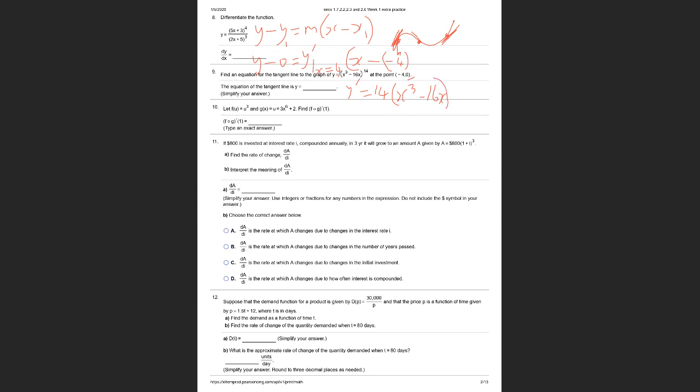And then 14 minus 1 is 13, multiplied by the derivative of the inner function. So that derivative is 3x squared minus 16.